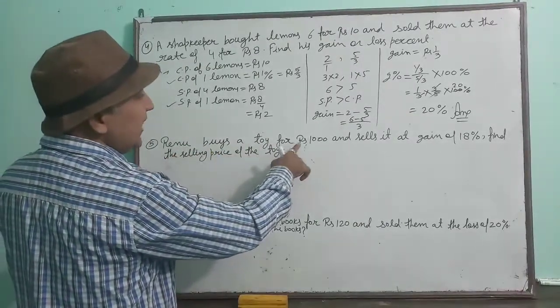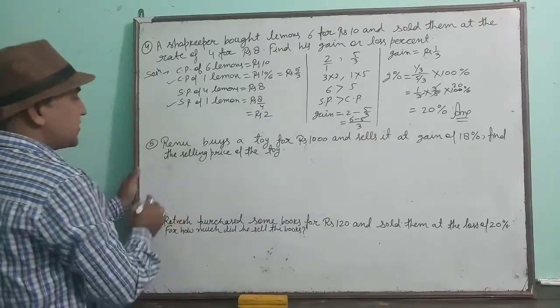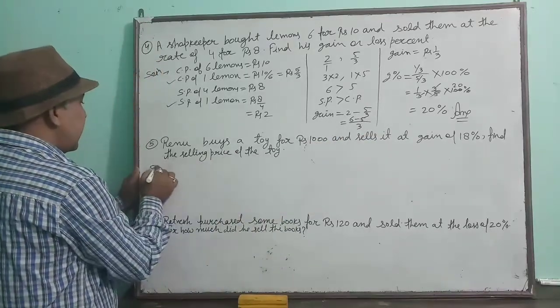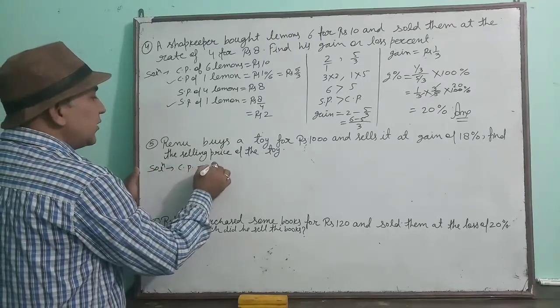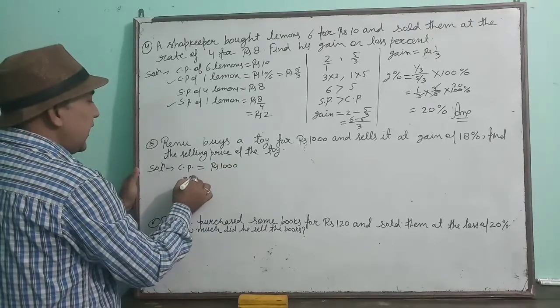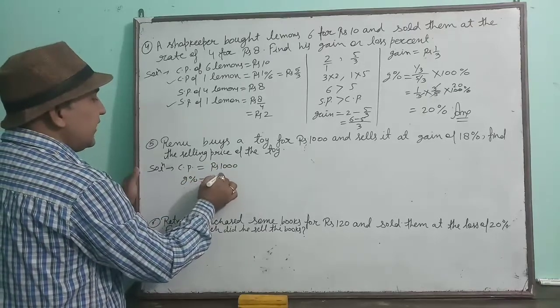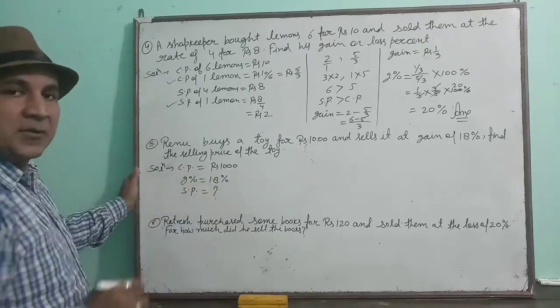Renu buys a toy for rupees 1000 and sells it at a gain of 18%. Find the selling price. By reading the question, you can see that cost price is given rupees 1000 and gain percent is given 18%, and we have to find the selling price.